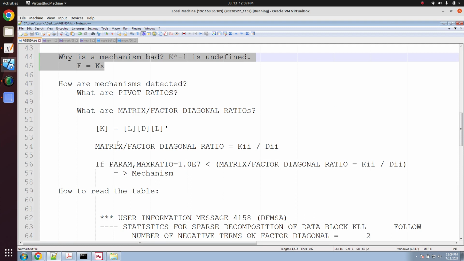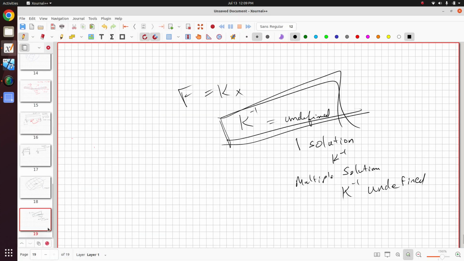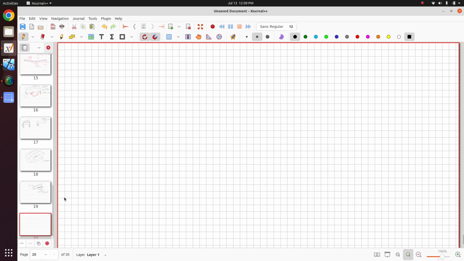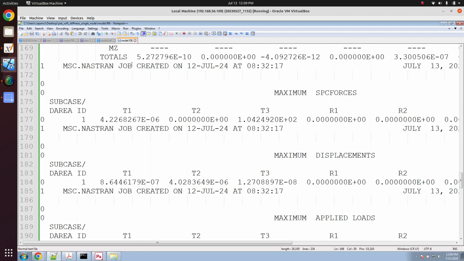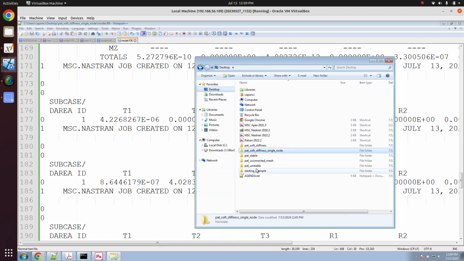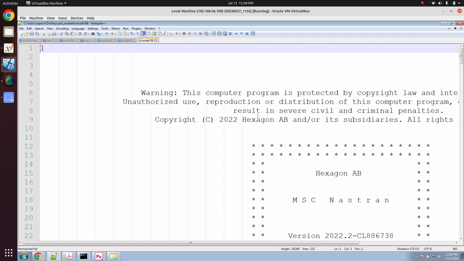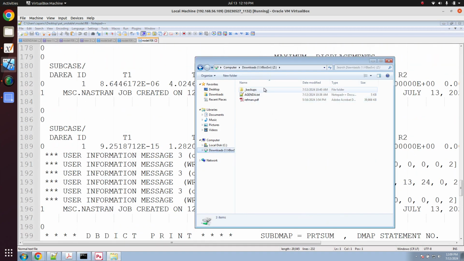Now, how are mechanisms detected? Here, let's go ahead and quickly talk about pivot ratios. So a pivot ratio is the same as the following. Let me go ahead and copy this, actually. If you look in the F06 file, let me go ahead and look at the old message.